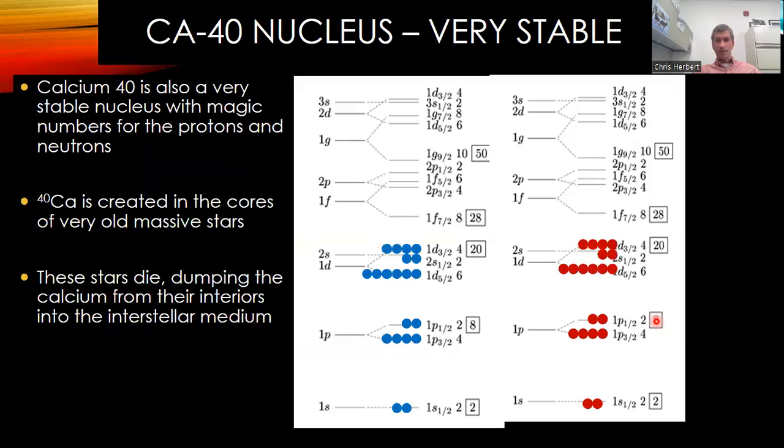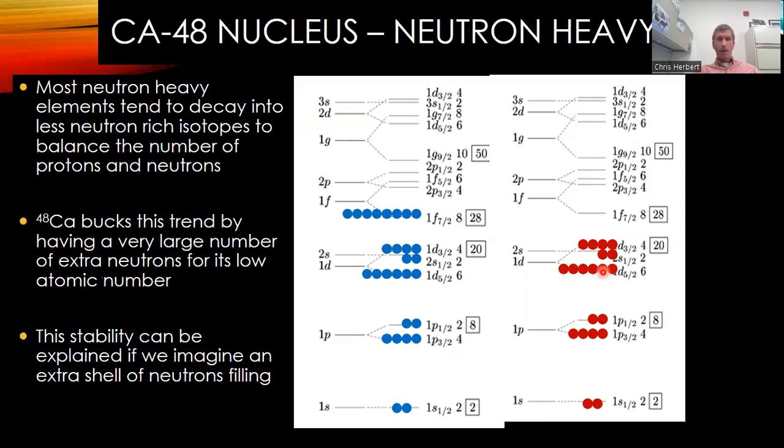Calcium 40 is also very stable. It's also a double magic number. And here we can see that with calcium 40, we fill up the next shell. Calcium 48 is a very neutron heavy isotope of calcium that is also fairly stable.